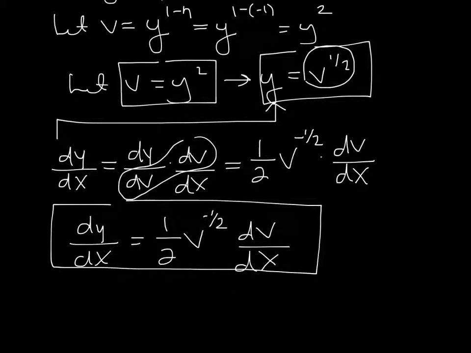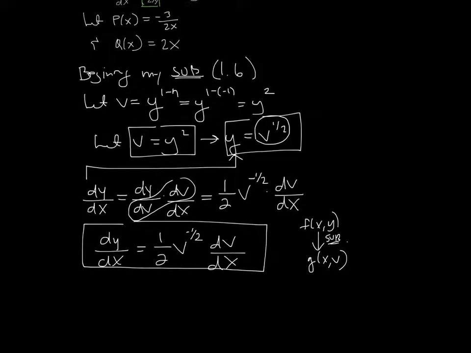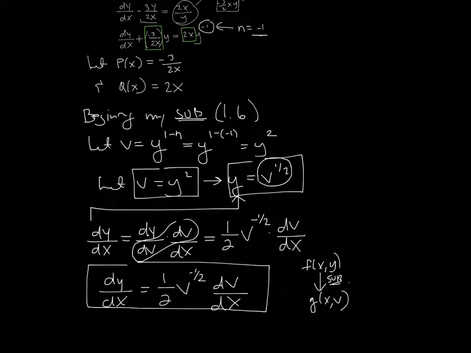Okay, so now let's transform this differential equation of x and y, going from f of x, y to some other function of x and v, using substitution. So our differential equation, I'm going to use this one right there.